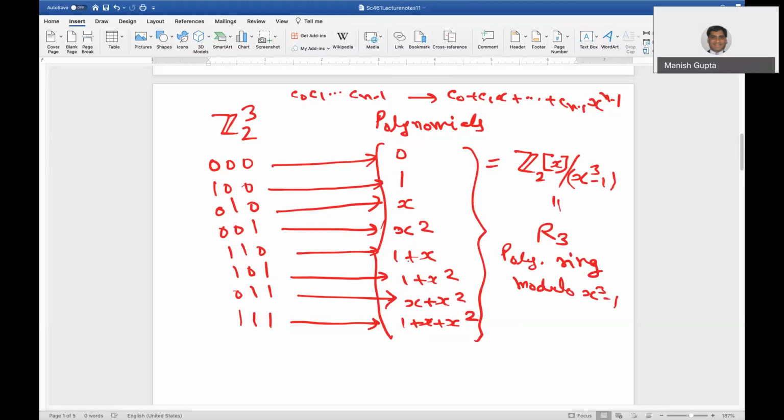So I can do all the properties, like I can add two polynomials. If I add x square and 1 plus x, I'm going to get 1 plus x square, the last polynomial, right? We can do addition here. We can do subtraction here.